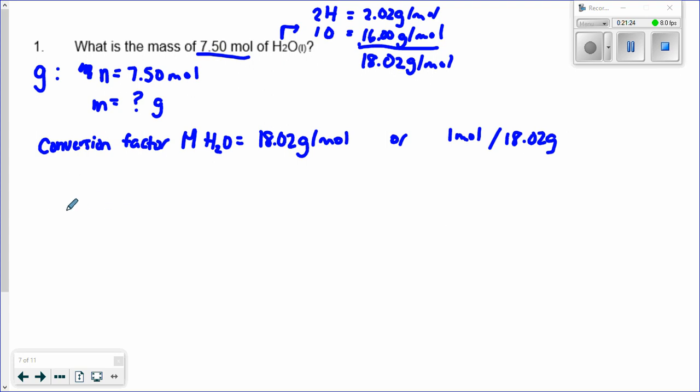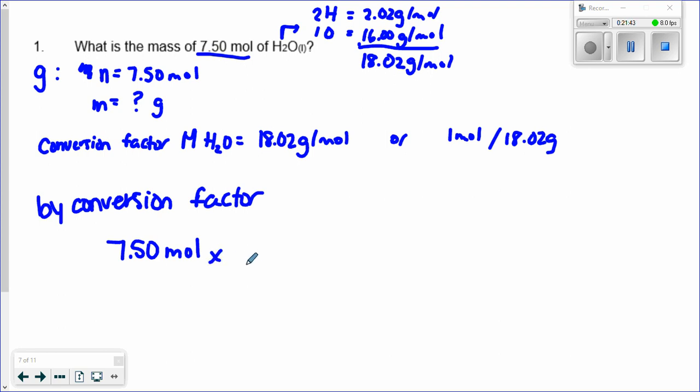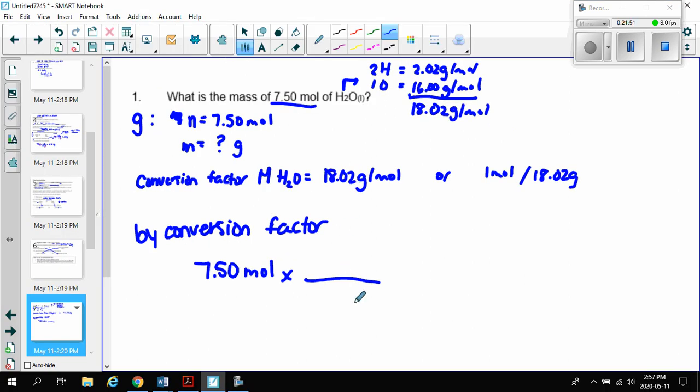So by conversion factor, when we do conversion factors, we start with what we're given. So I'm given information of 7.50 moles, and we want to multiply by our conversion factor. Since I have mole here on the top, I want mole on the bottom, and I want grams on the top. So 1 mole is the same as 18.02 grams.